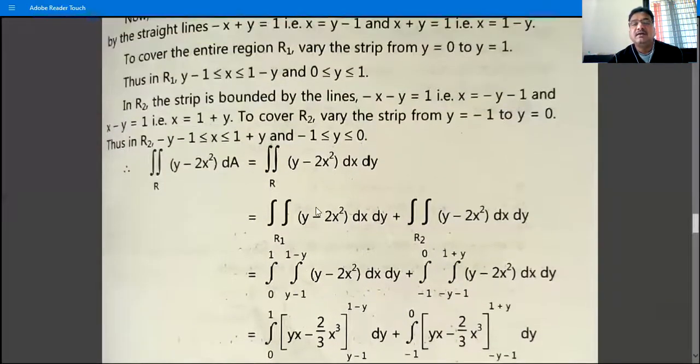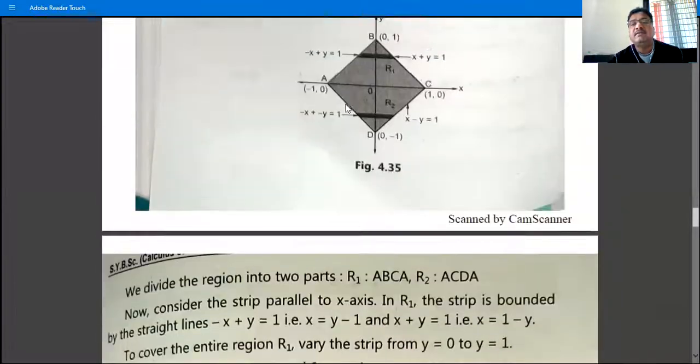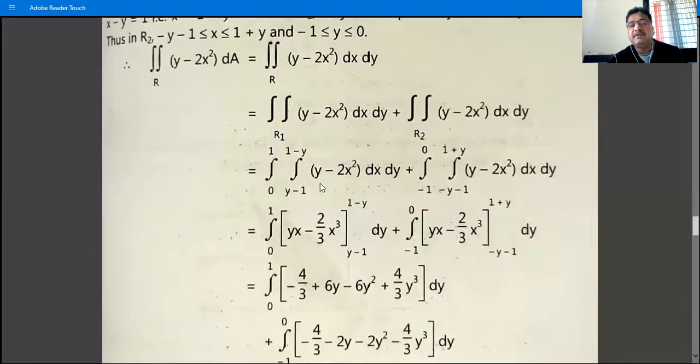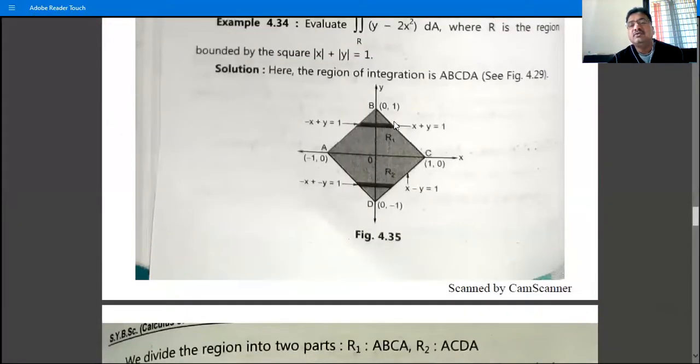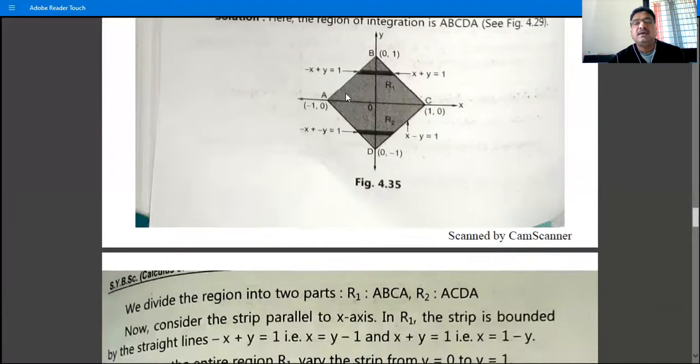First, in region R1, we have to write the limits of x. x runs from what to what? In order to write the limit of x, consider this strip parallel to the x-axis. Its one end touches the line -x + y = 1, so -x = 1 - y, and therefore x = y - 1.